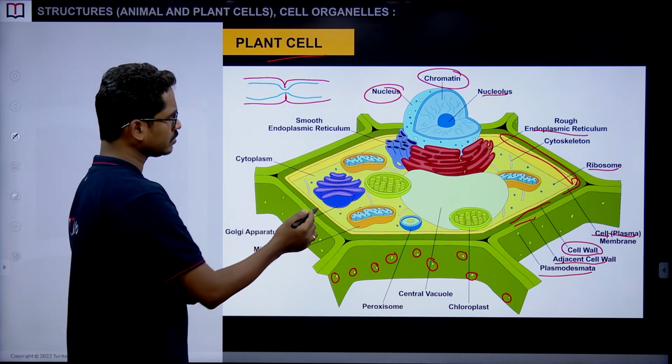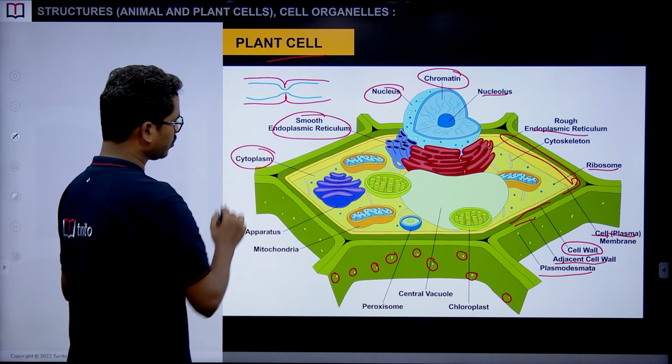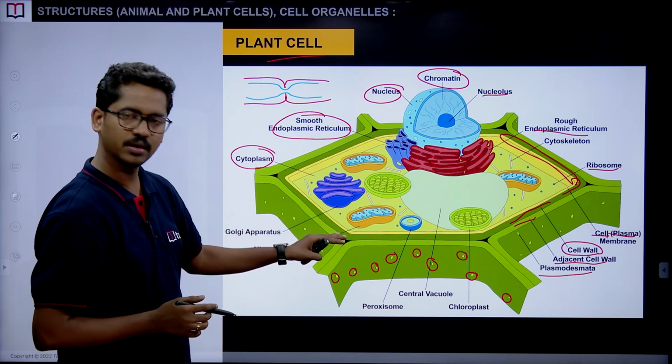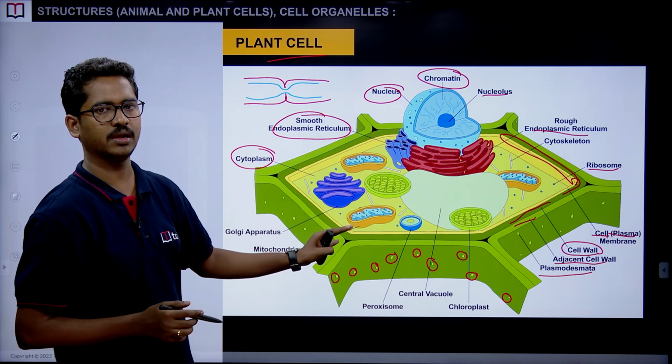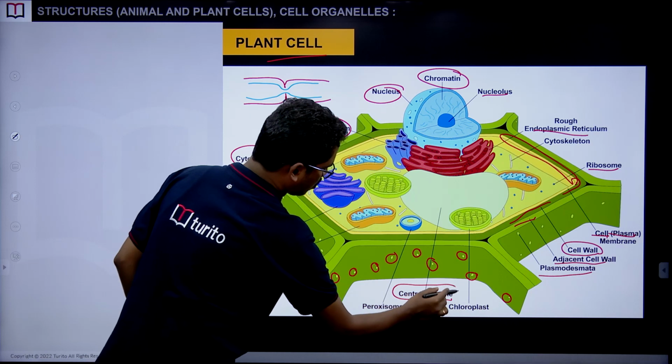Now, we do have the smooth endoplasmic reticulum, cytoplasm, of course the common thing. One contrasting thing you can find here when compared to animal cell is the central vacuole.